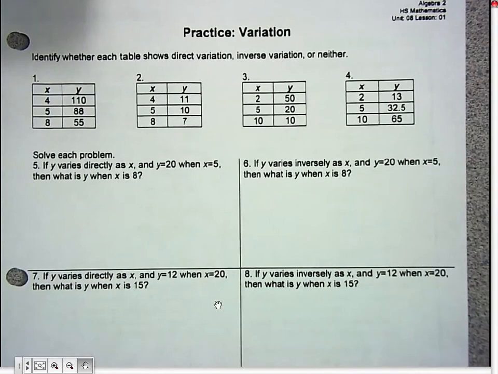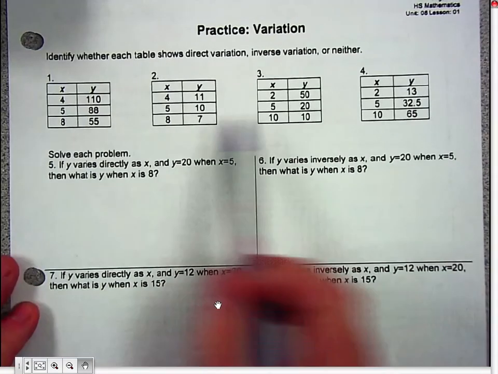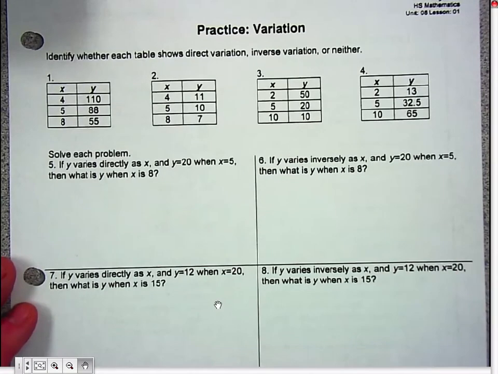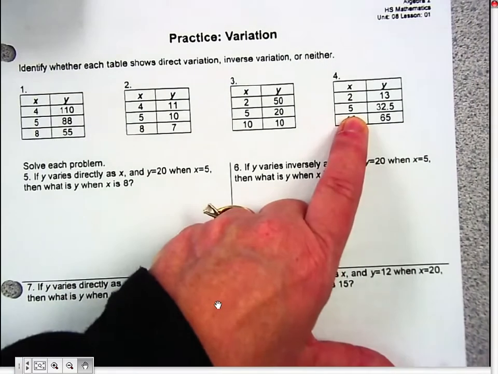All right, on the tables, we looked at the other tables, didn't we? If X increased and Y increased, what was that? Possibly direct, but then you have to check. Is there one where X increases and Y increases? I think 4 is the only one that does that, isn't it? Okay, so this could be direct, but we need to check.